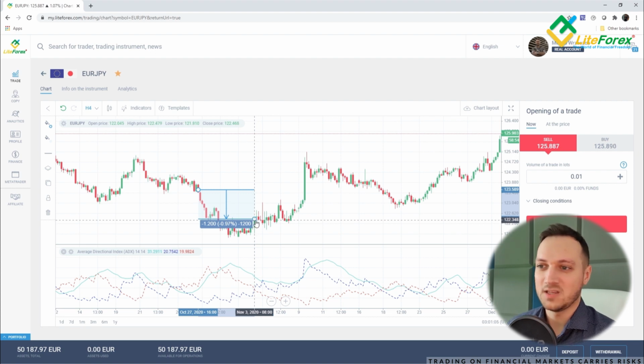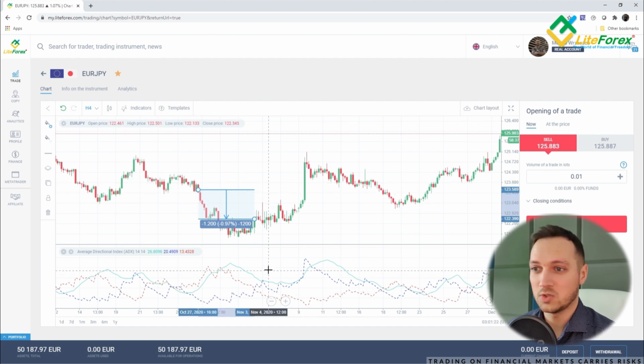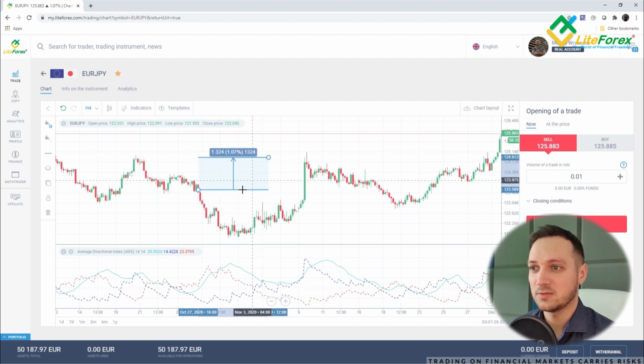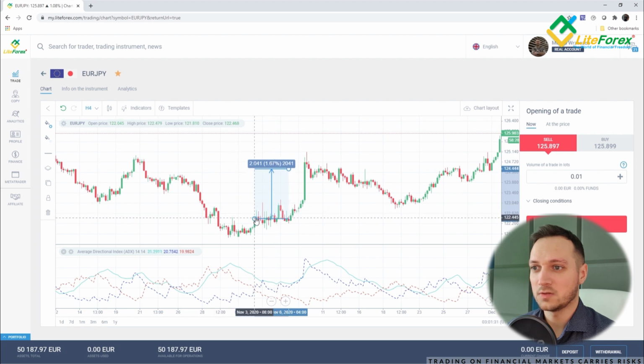Either way, that was a good trade, good signal, and the crossing of those lines gives us the signal to enter the trade in the opposite direction, right?